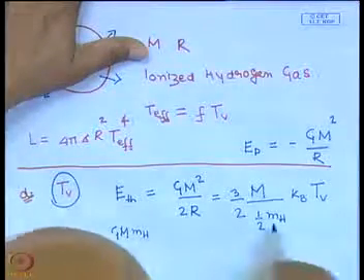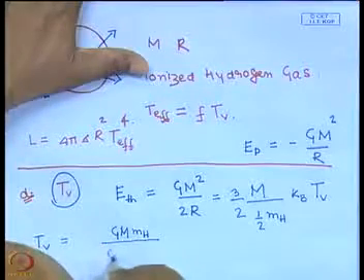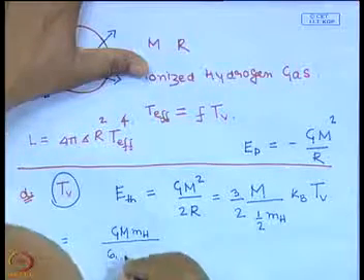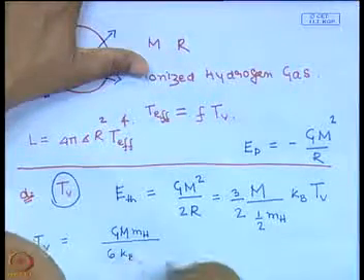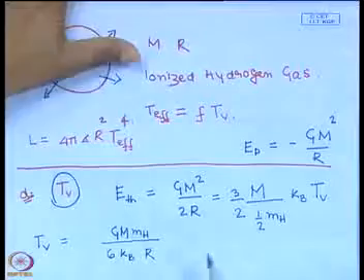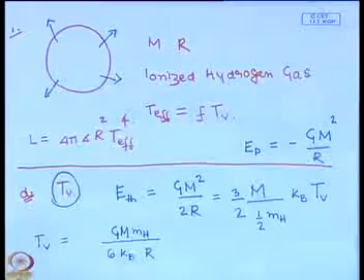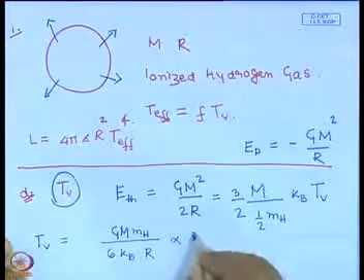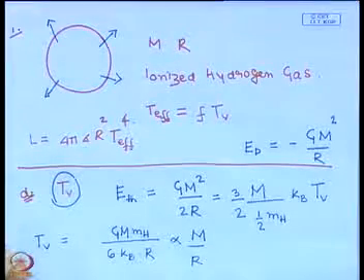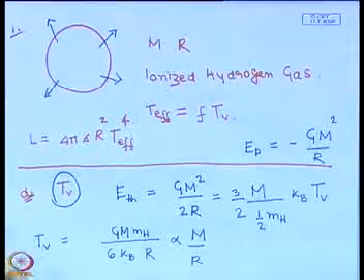So, G m m_H divided by 6 into the Boltzmann factor k_B into R. I hope we have got it correct, right. Let us just check. So, that is the virial temperature, it is essentially proportional to the mass of the object and inversely proportional to the radius of the object. Okay. So, that is the first part.